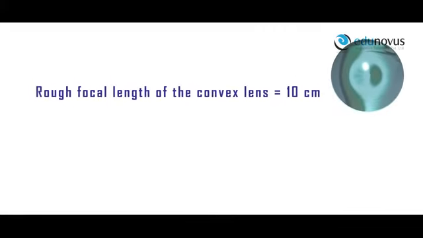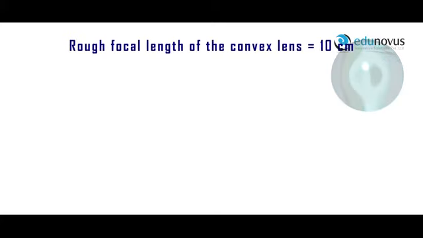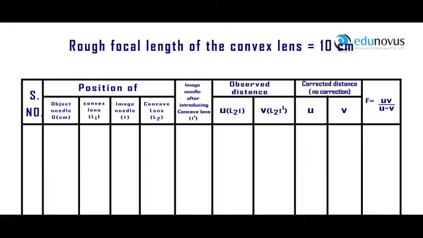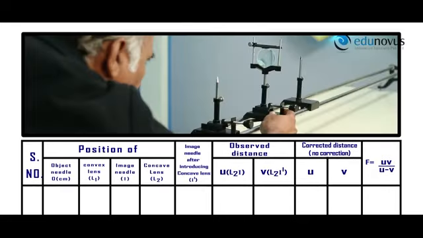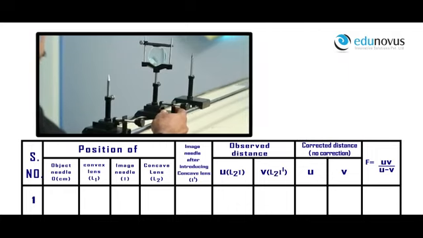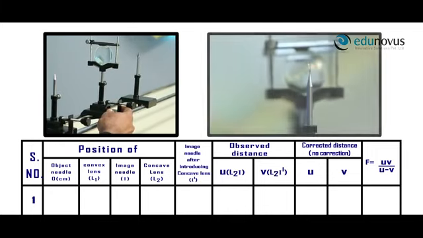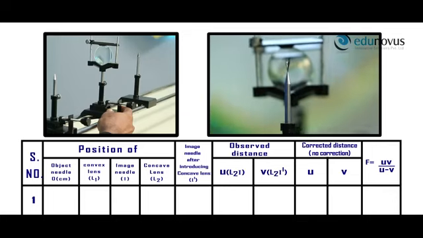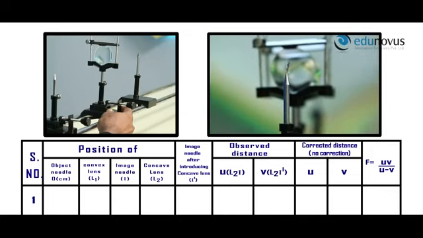The rough focal length of the convex lens used in this experiment is 10 centimeters. Observation table. Object needle O. In the first arrangement, when the object needle, convex lens and the image needle are placed on the optical bench, then the inverted image of the object needle without any parallax was formed on the tip of the image needle.